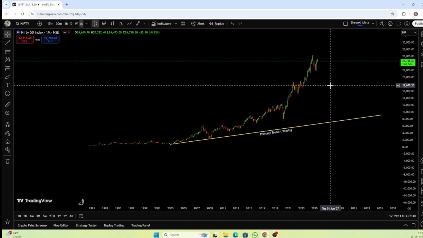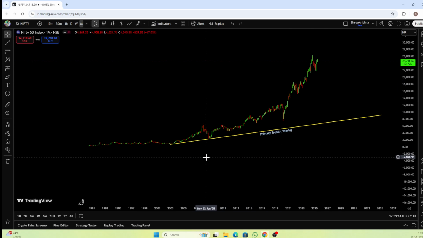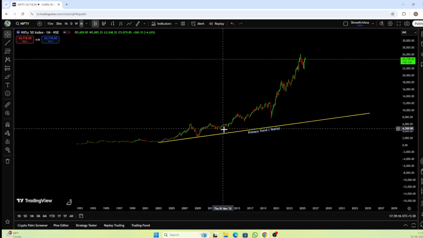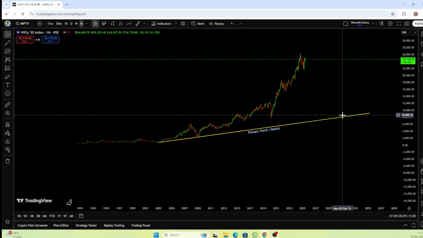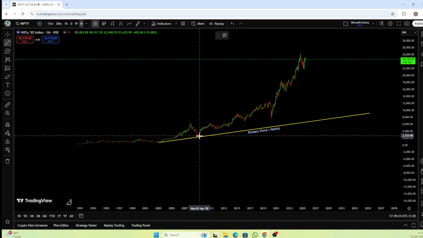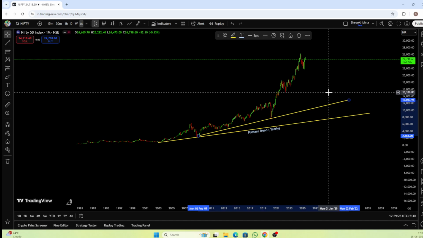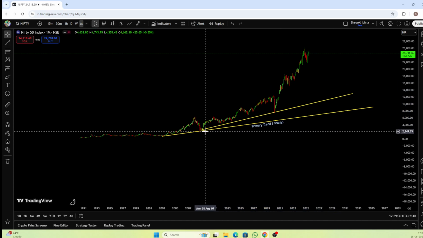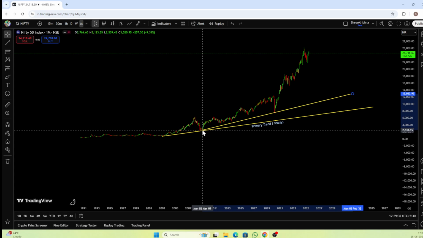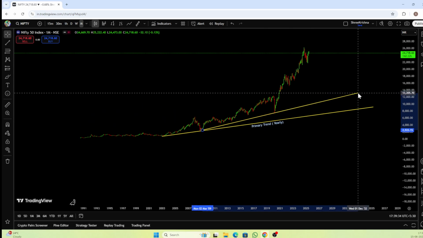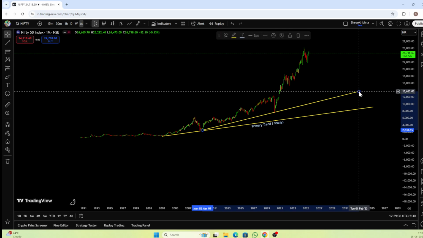There is always, if a primary trend is this, then we need a first elevation. The first elevation is this. Now most don't understand what the first elevation is. The first elevation is the one which basically explains the beginning of the trend.